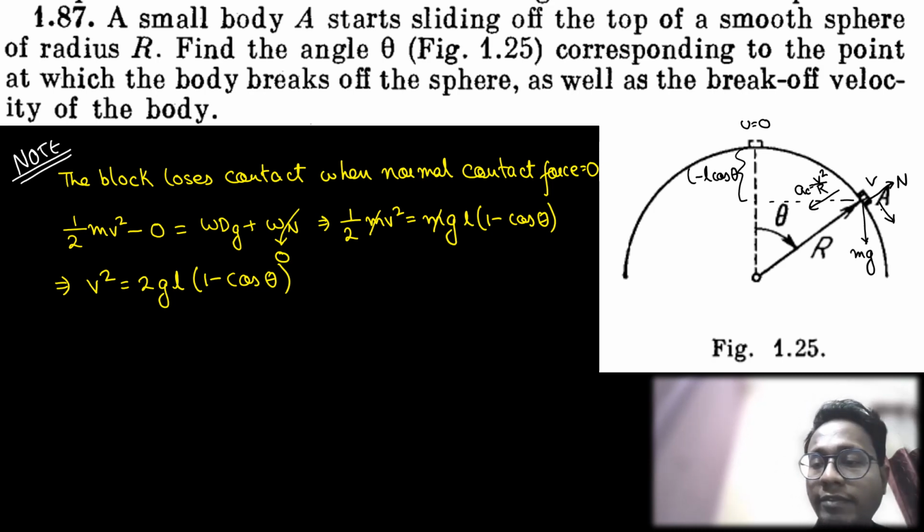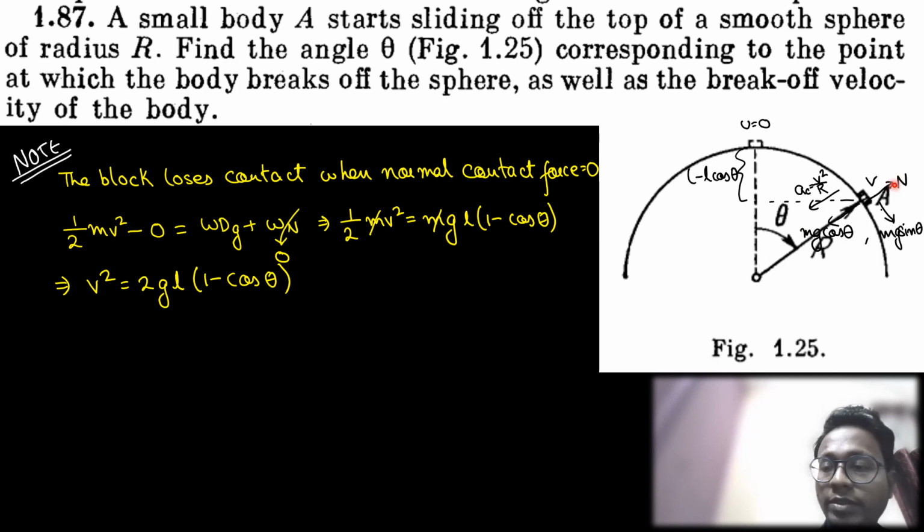Okay, and if this angle is theta, this angle is also theta. So in this direction it would be mg cos theta, and in the perpendicular direction it would be mg sin theta. Okay, now I'm writing the equation for this component.